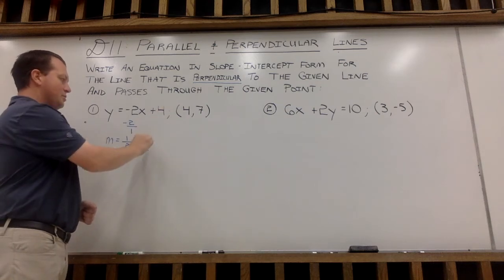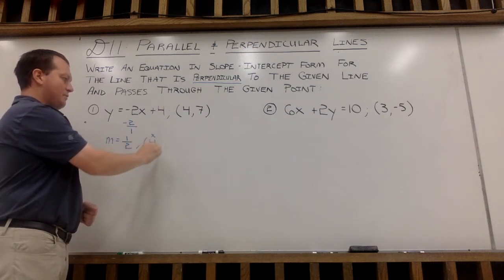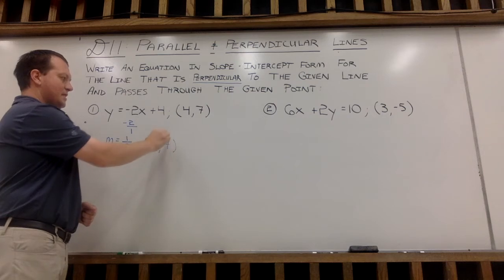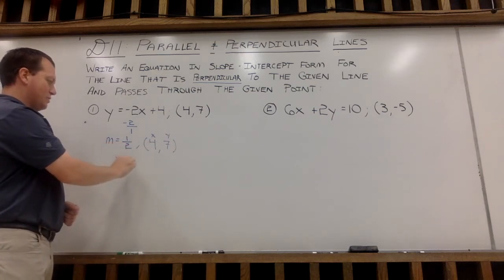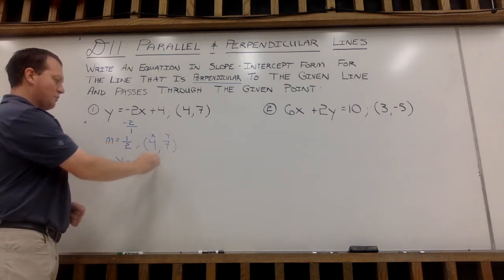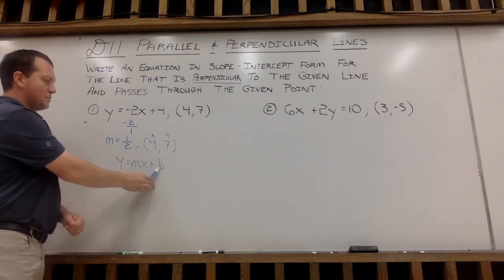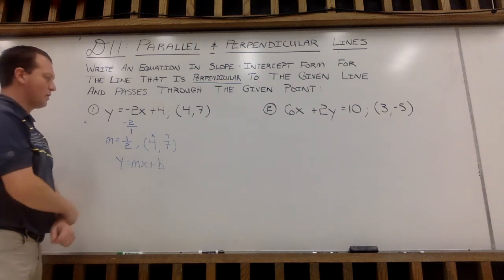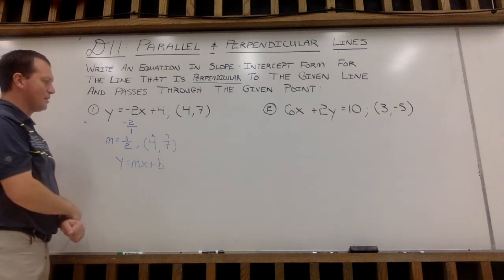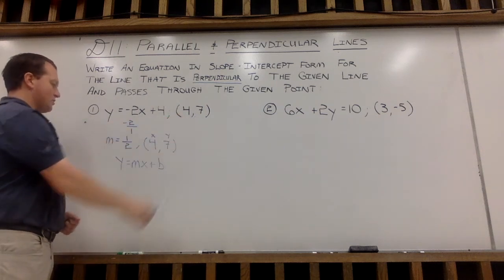I'm now going to use x value of 4, y value of 7, and I'm going to once again use your friend and mine, y equals mx plus b, to find the specific b value, which will give me the full equation of my perpendicular line going through the point 4, 7.